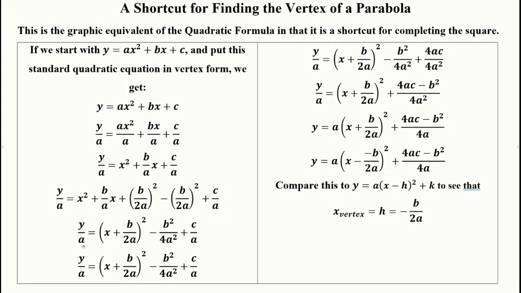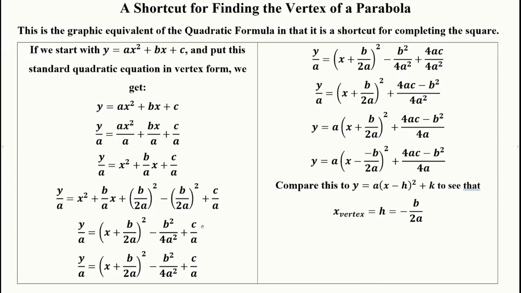So we end up with y over a equals quantity x plus b over 2a squared minus b squared over 4a squared plus c over a, right? And now we're going to go ahead and find the common denominator, right?